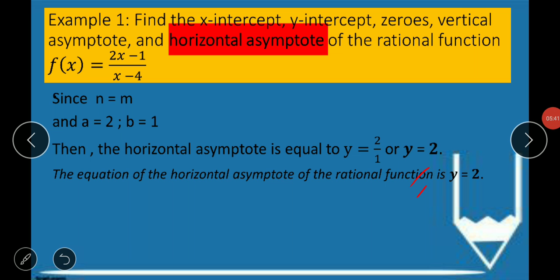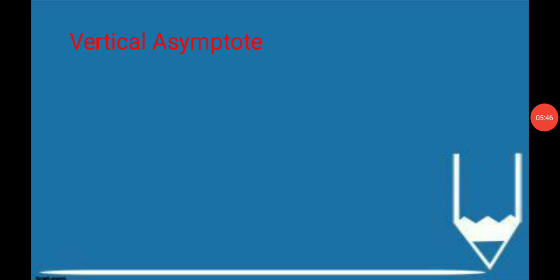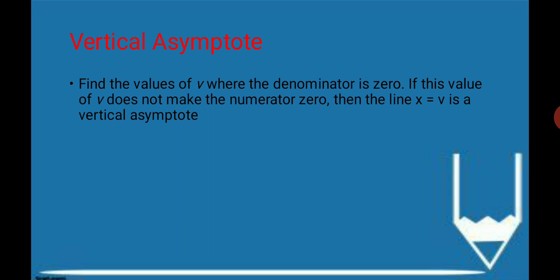Okay, next. This time we'll have the vertical asymptote. So how do you find the vertical asymptote? To find the vertical asymptote, just find the values of v where the denominator is 0.